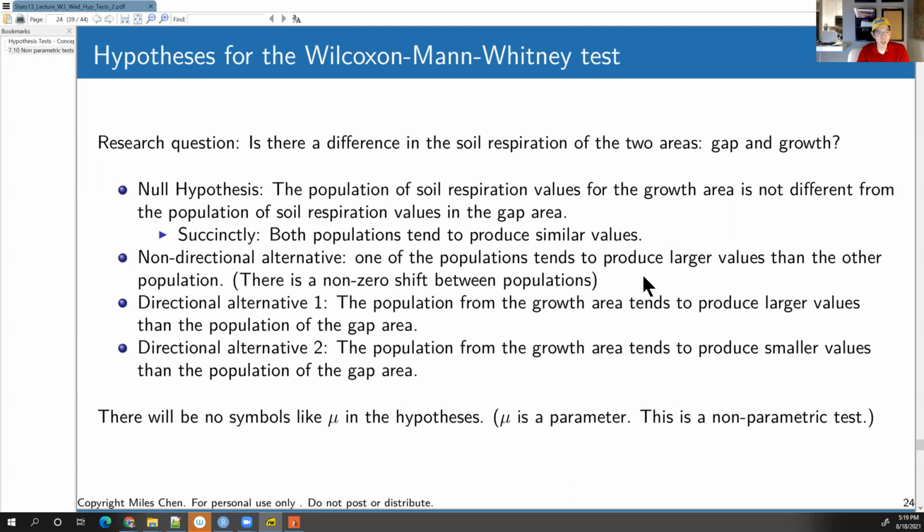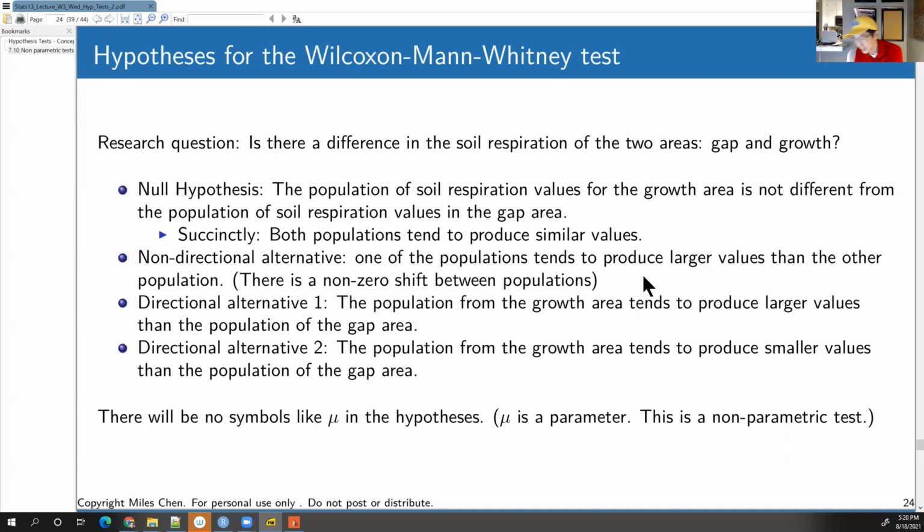I guess material is decaying, and part of that process is the organisms in the dirt breathe off carbon dioxide, and you can measure this amount of soil respiration. It's like the moles of carbon dioxide per gram of soil per hour or something like that. It's measured in some strange thing.